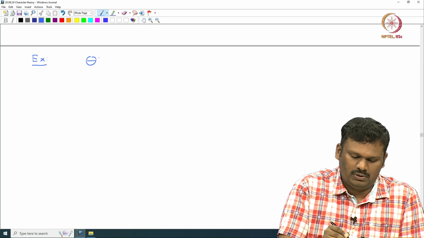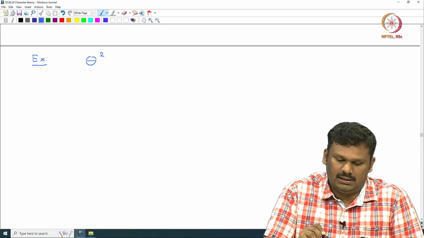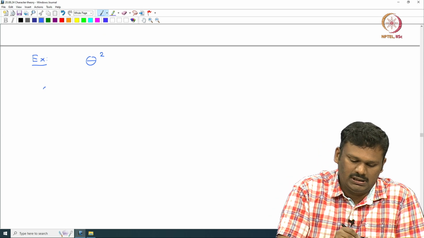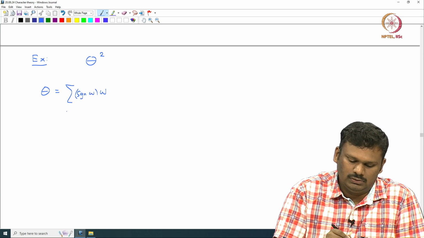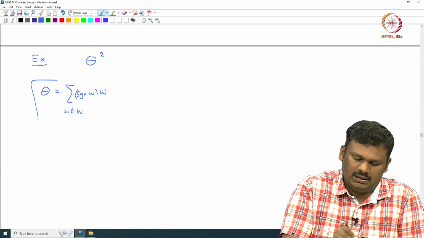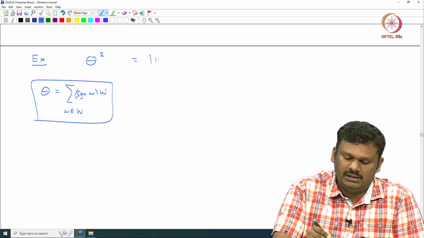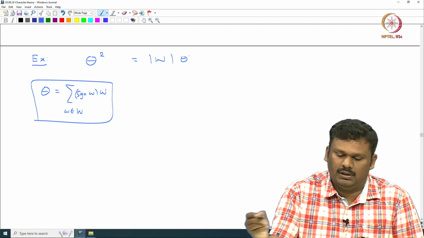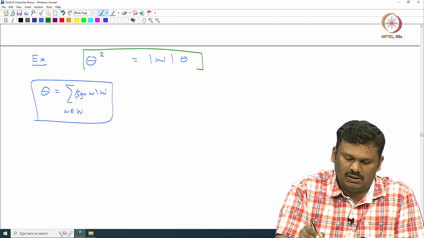If I compute theta square as an operator, because theta is given by summation sine w and then w, so this is the operator. If you take theta square, then you can easily see that this is exactly the cardinality of W times theta. So, this is a very simple identity. I will leave it to you to check.